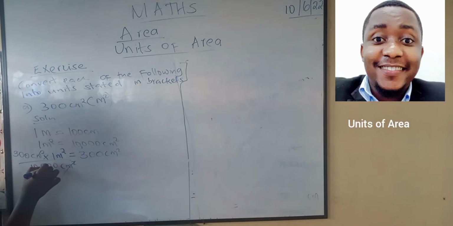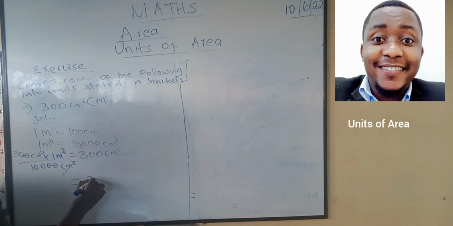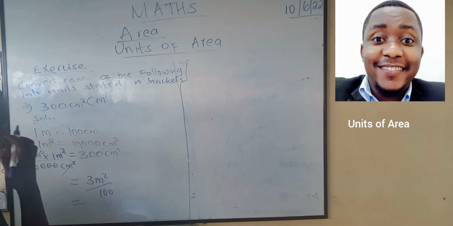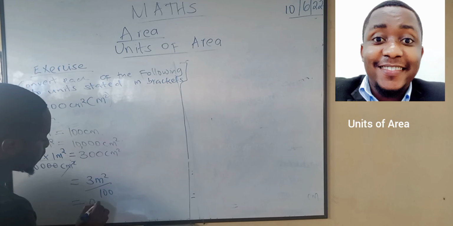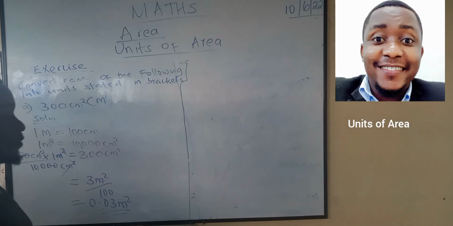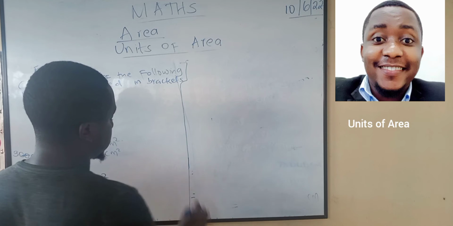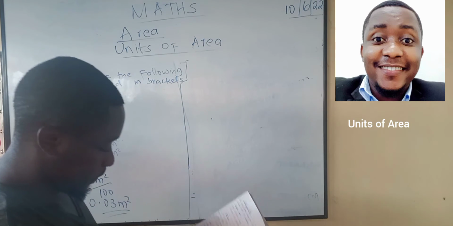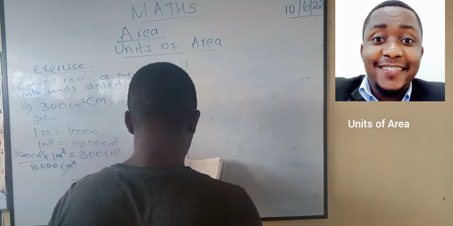Now those will cancel out. These two zeros will also cancel out. Then 3 meters squared over 100 will remain. That gives us 0.03 meters squared.